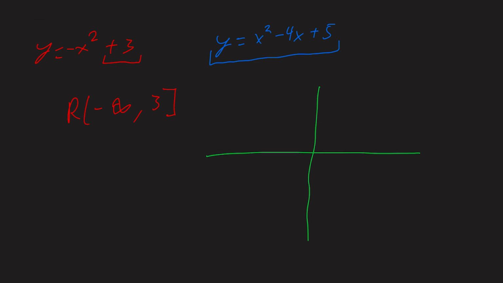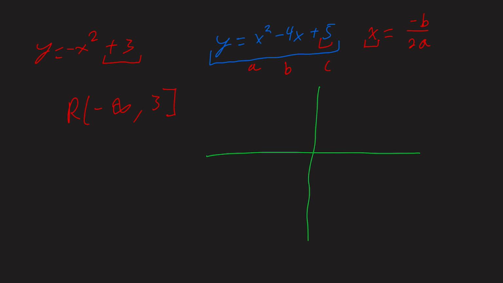The equation for the vertex is x equals negative b over 2a, which means the x-coordinate at which your vertex occurs is negative b over 2a, where the coefficient of x squared is a, the coefficient of x is b, and the constant term is c.